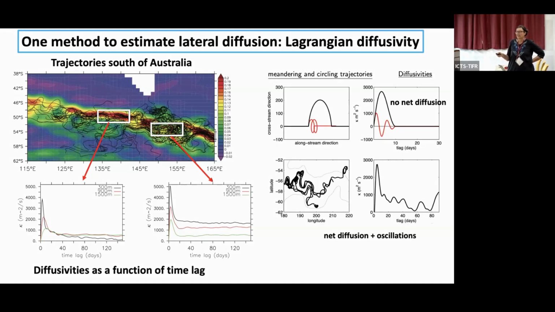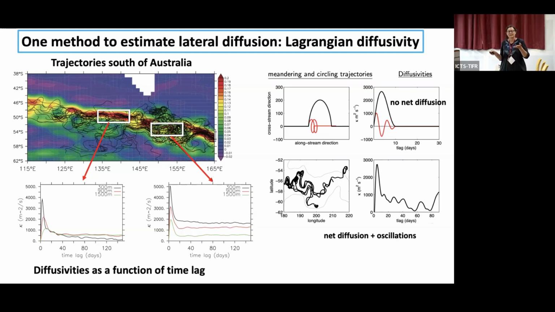Eddies also have a large rotational part, right? Let's assume you have circling trajectories in this way. If you integrate this, your diffusivity would actually lead to no net diffusion. You would just have an oscillation of your velocity autocovariance, and if you integrate this, it would integrate to zero. So there is a large part of these eddy fluxes that is sort of non-diffusive.